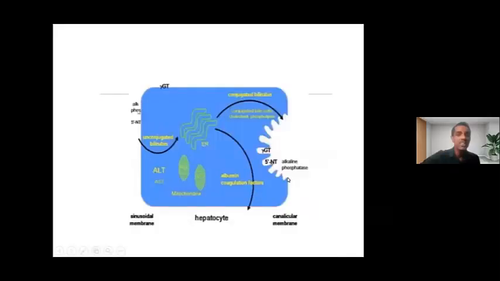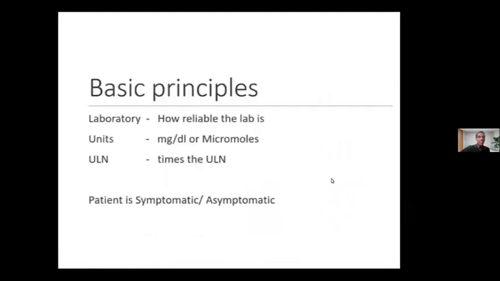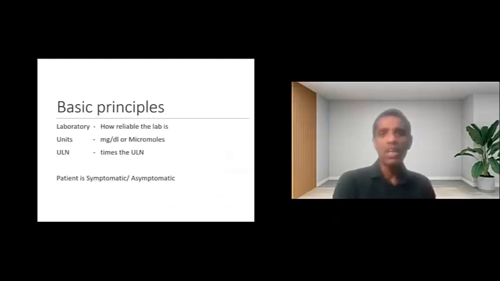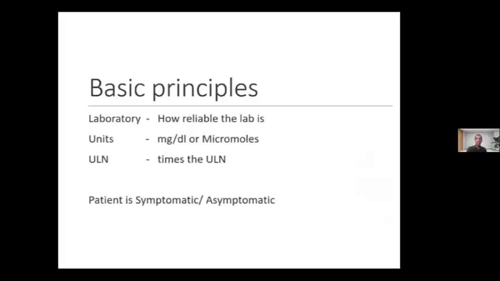If you want to interpret liver tests, first of all you should know these basic principles. You should know where the test is being done, so your lab should be a reliable lab. The unit is also very important, whether it's milligram per deciliter or micromole, because it makes a huge difference when you change the units.